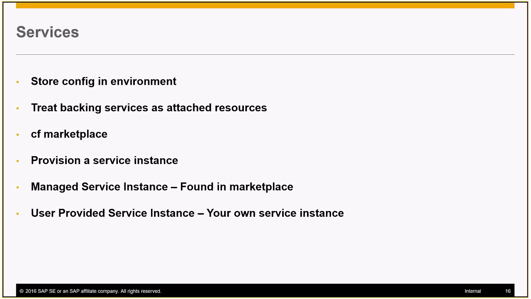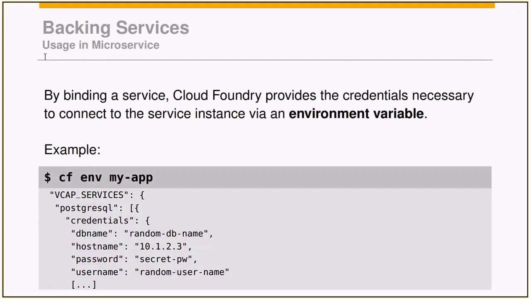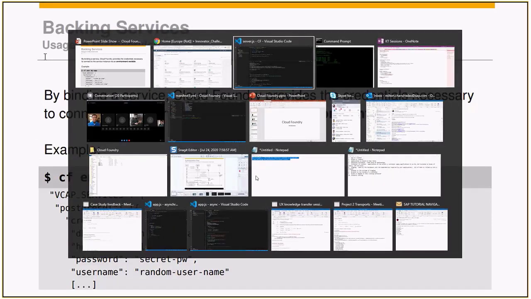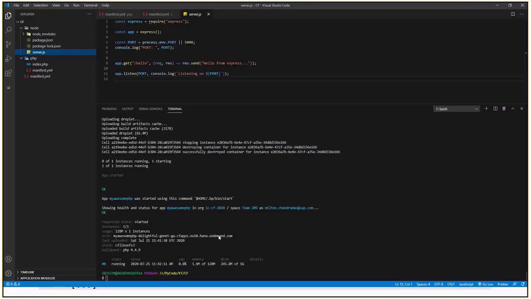So the way it is done is, your application, now that it is bound, has what is called an environment variable. All operating systems have environment variables. So what Cloud Foundry does is it injects these credentials, how to connect to this database, into the environment variables of the container.